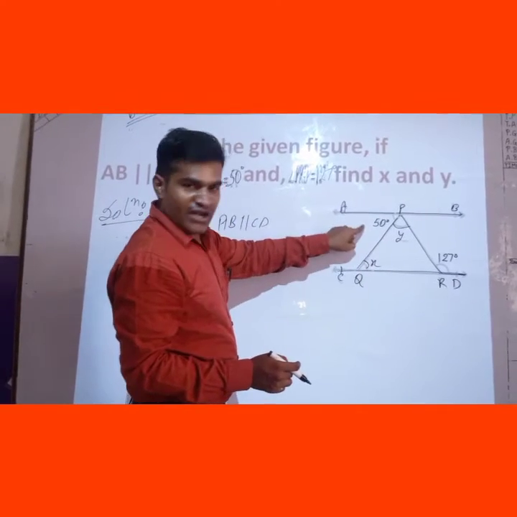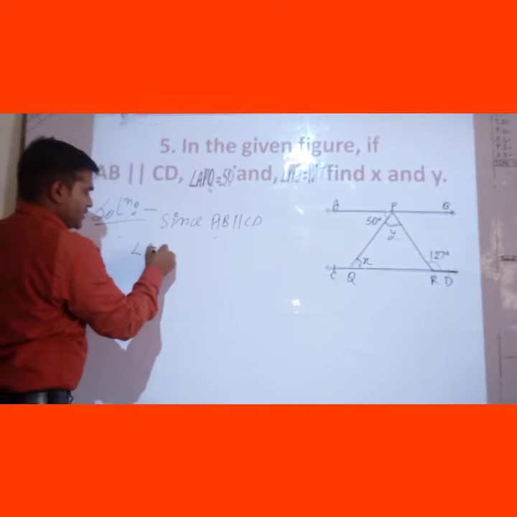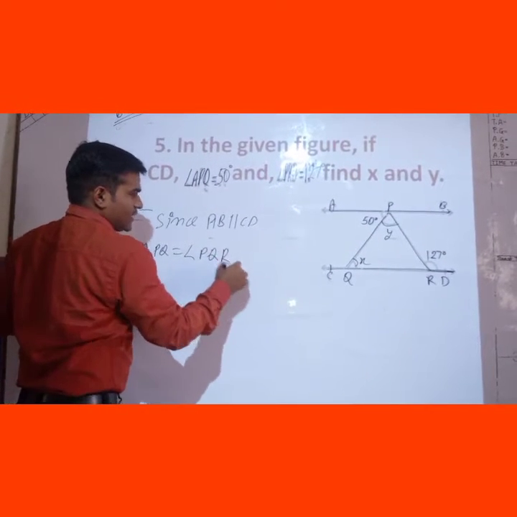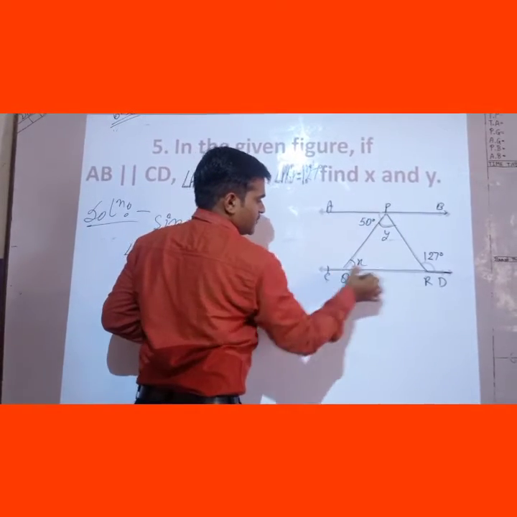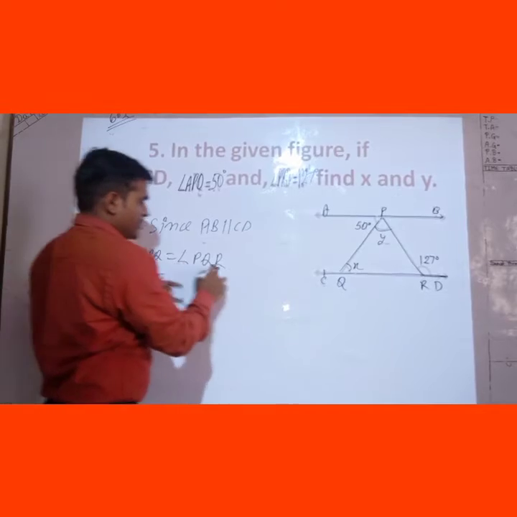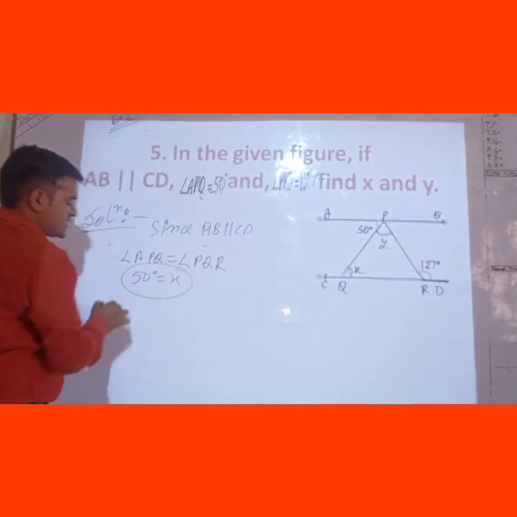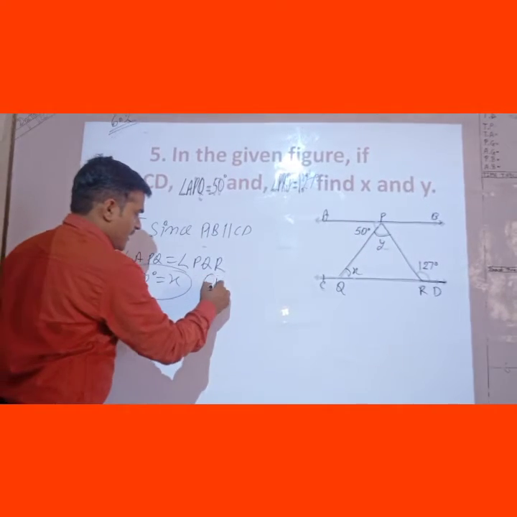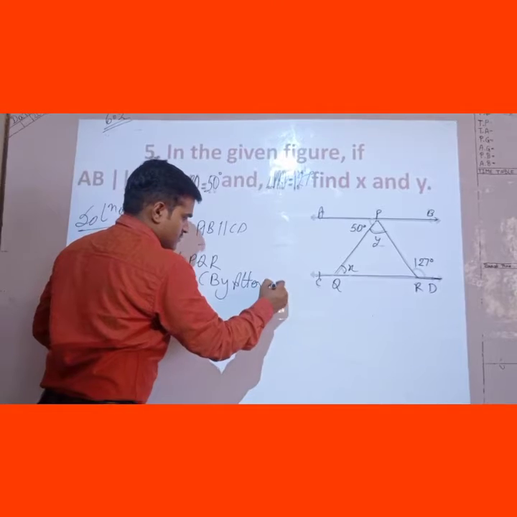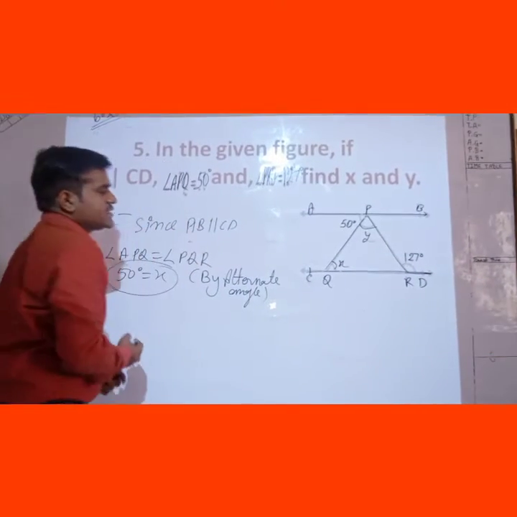Alternate angles are equal, as we know that. So angle APQ is equal to angle PQR. APQ is given as 50 degree and PQR is x. So what is the value of x? We got the value of x, that is 50 degree, by alternate angles.